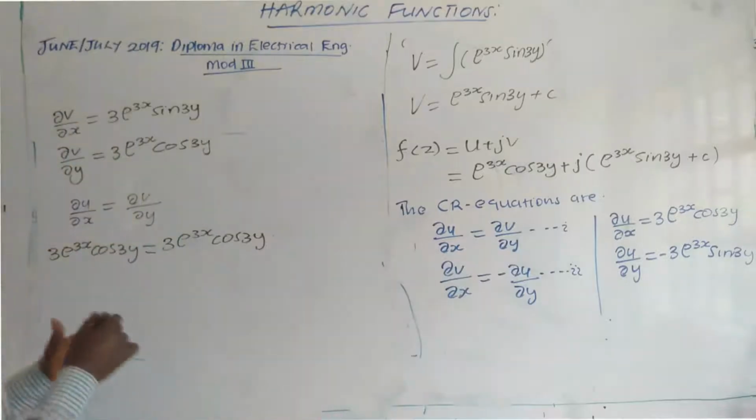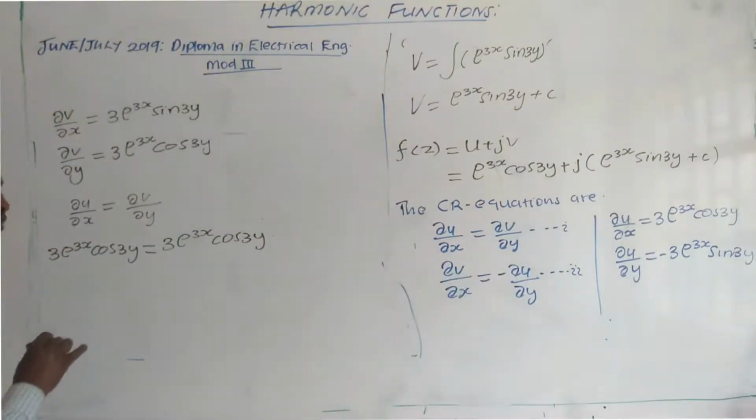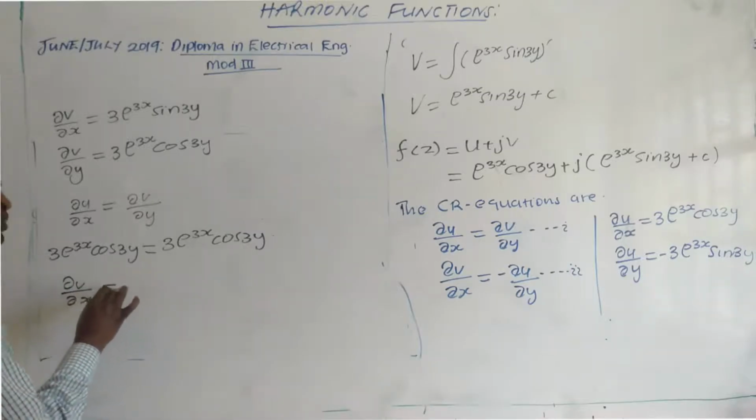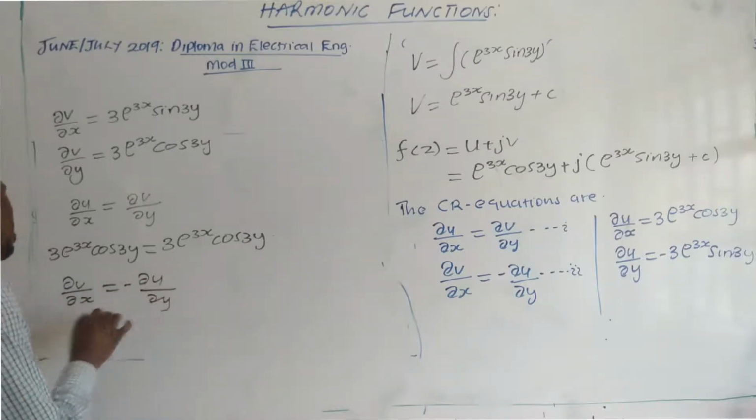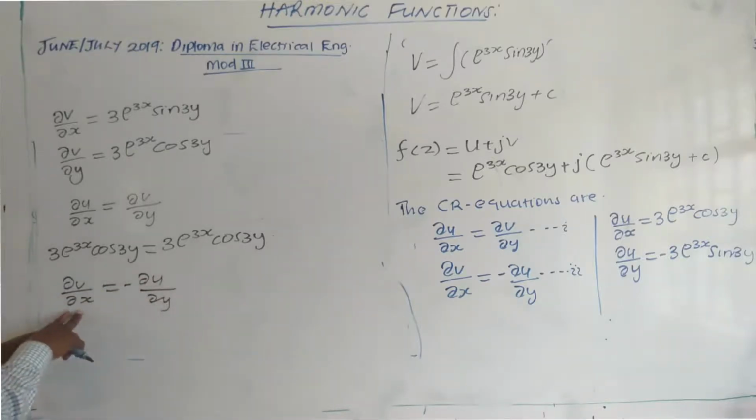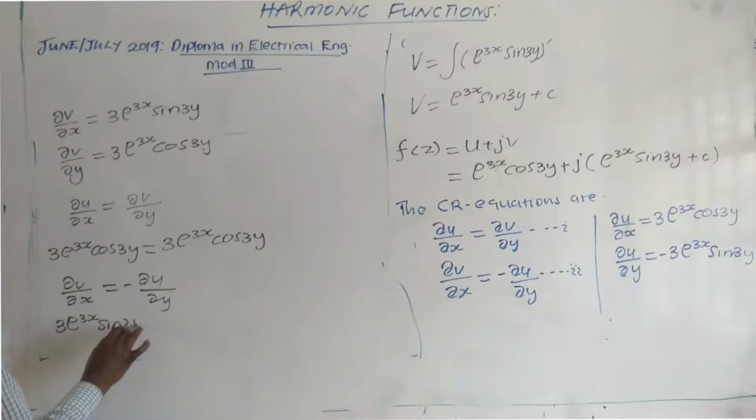Now let us check the second one. Partial derivative of v with respect to x must be equal to negative the partial derivative of u with respect to y. What is partial derivative of v with respect to x? You have it here. It is 3 exponential 3x sine 3y. You want to check whether it is equal to this.